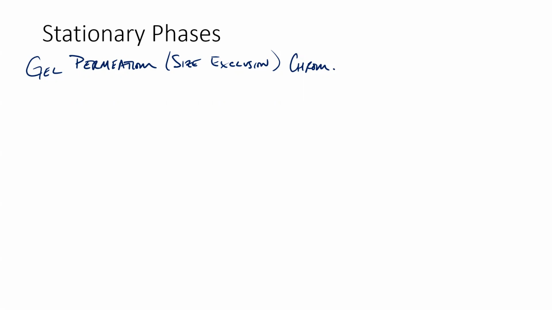And so in size exclusion, the way that it works is you have these large beads that have some pathways through them, right? They're kind of like a pumice stone, where you've got this large chunk of something, but it has lots of holes and wigglies through it.